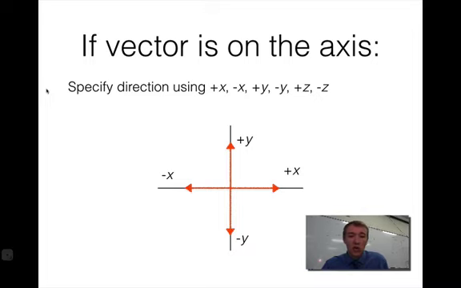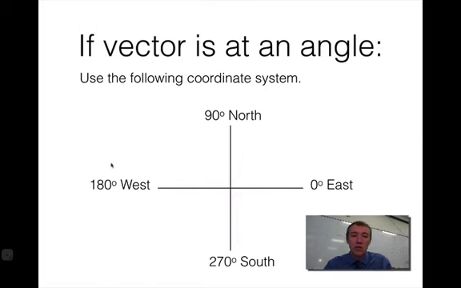If you're using a coordinate axis, here are the different types of positive and negative x, positive and negative y you could see. We won't be doing a whole lot of positive, negative z in this class, at least not for now. If we're using degrees, you can use north, east, south, west here, or positive, negative x, positive, negative y.